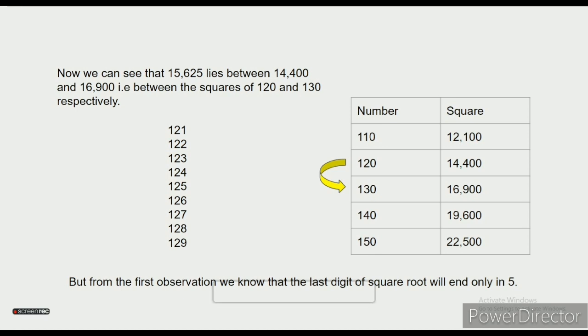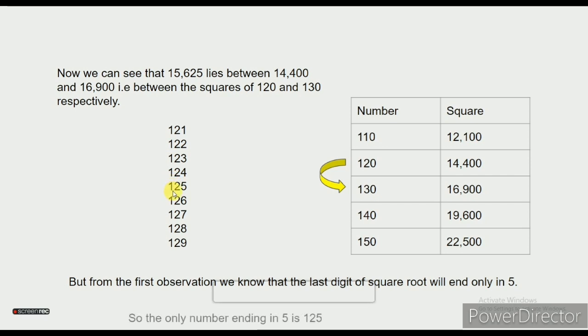But from the first observation, we know that the last digit of the square root will end only in 5. So, here the only number ending in 5 is 125.